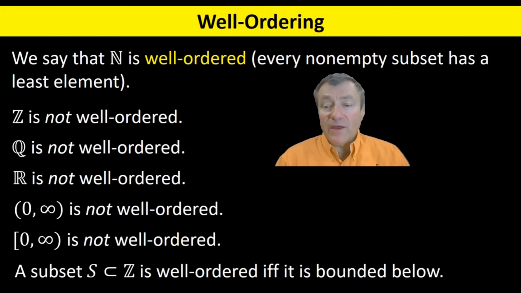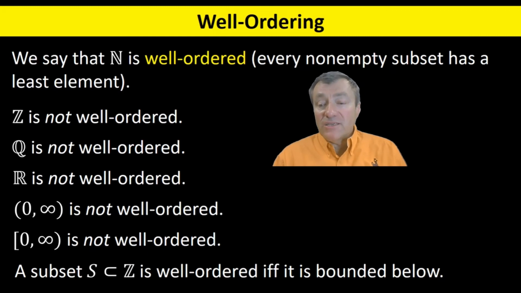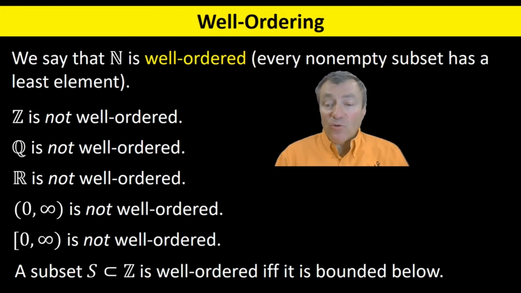Now, I need to correct a white lie that appears on this slide. Each example appearing on this slide comes from an ordered ring or an ordered field, and I'm only considering the usual order relation. However, it is possible to replace that order relation with a new one.